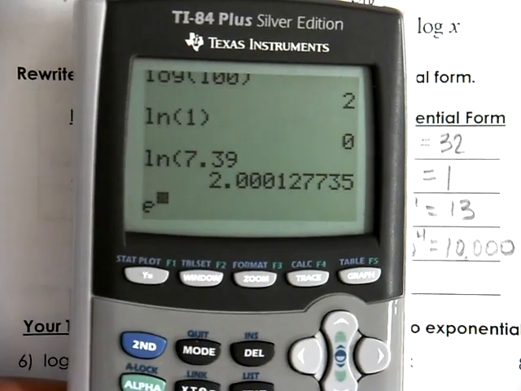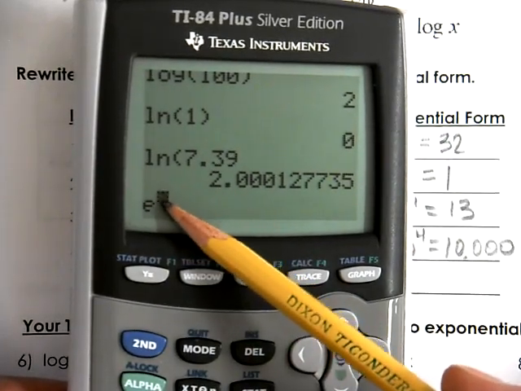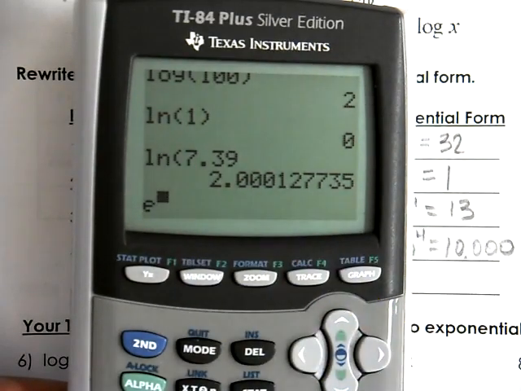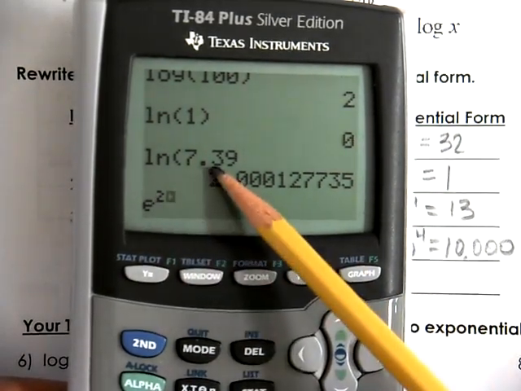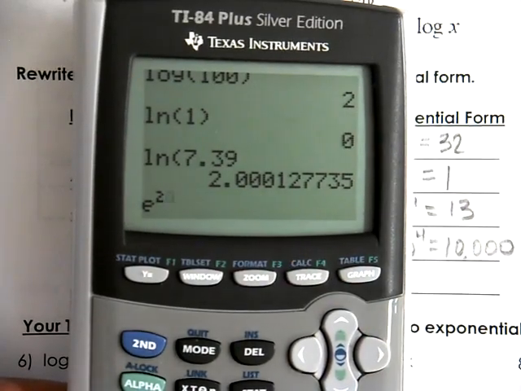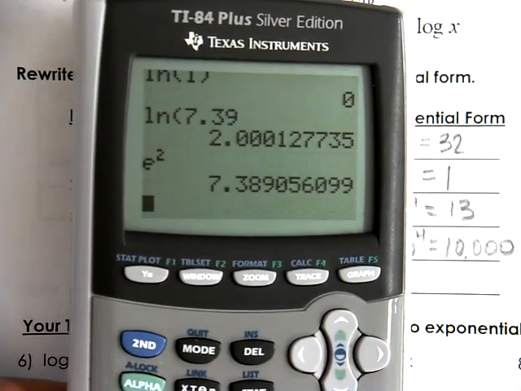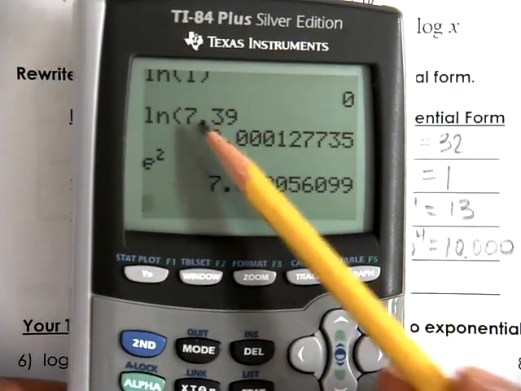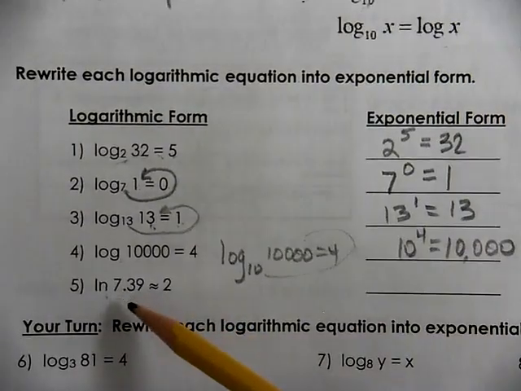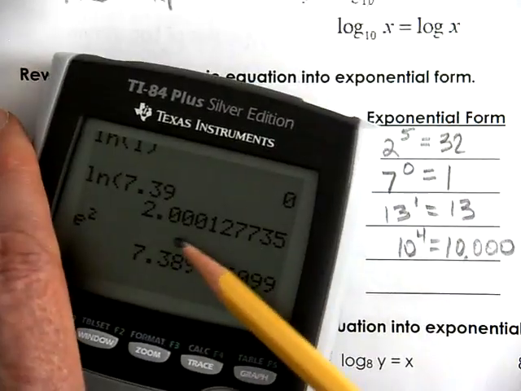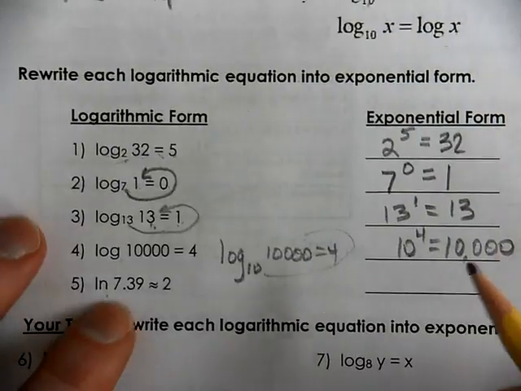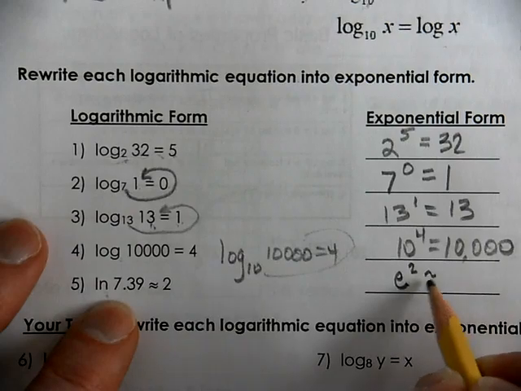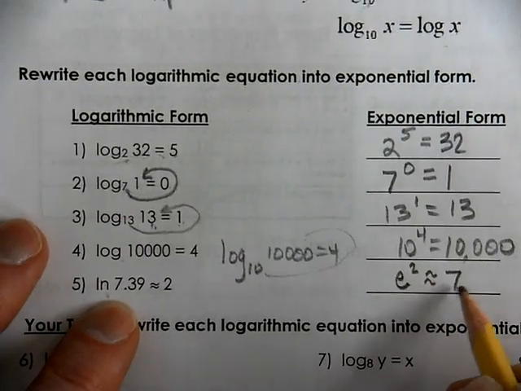We can just test our knowledge. E to what power? Logarithm takes the base to the exponent, and that should equal about 7.39. There it is, rounded up. So here we just used a rounded number in the problem, but that's why we got this rounded answer of 2.000. So this is e to the second power is approximately, not exactly, but approximately 7.39.